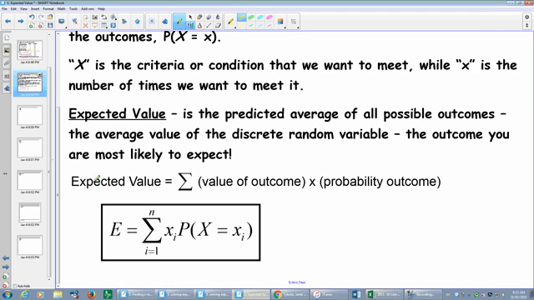So your expected value formula is this. Right here, and you have to know and memorize that. It says here the expected value is the sum of the value of the outcome times the probability of that outcome.